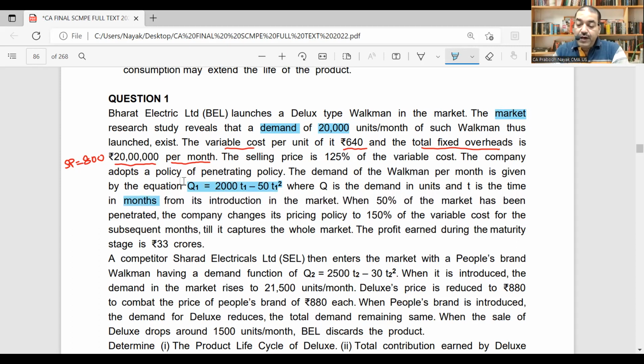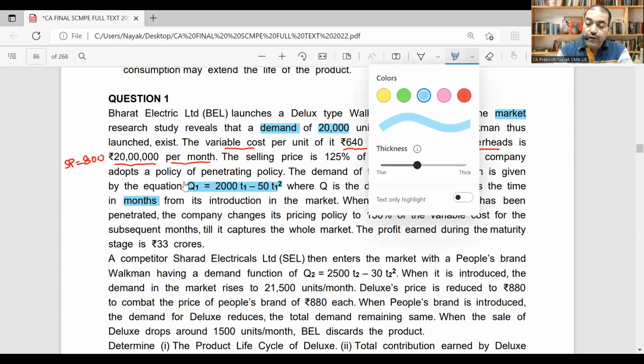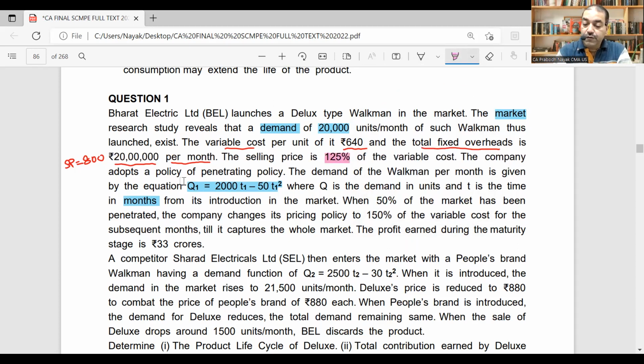When 50% of the market has been penetrated, total demand is 20,000. So 50% market penetration means when you are touching 10,000 units, 50% of 20,000. Then the company changes its pricing policy to 150% of the variable cost. In the first case, our selling price was 125% of variable cost.